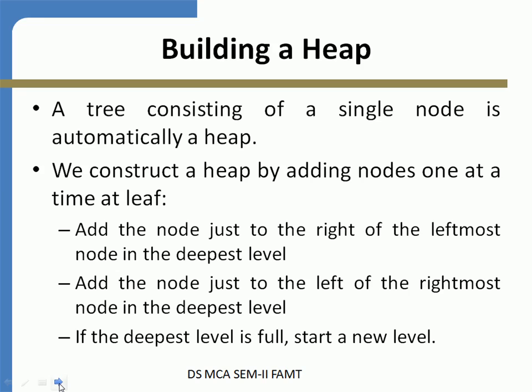So whenever the first node or root is present, we will insert the next node on the new level, that is level number 1, from the left side. Then the next will be added to the right of the root. So that fills level number 1.